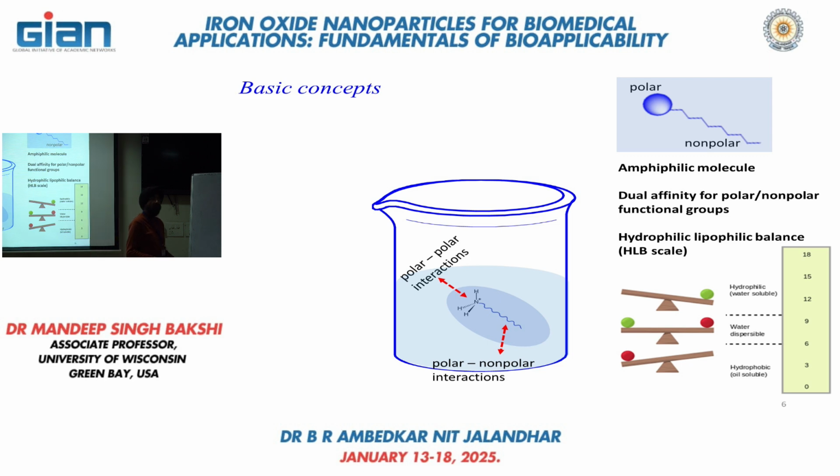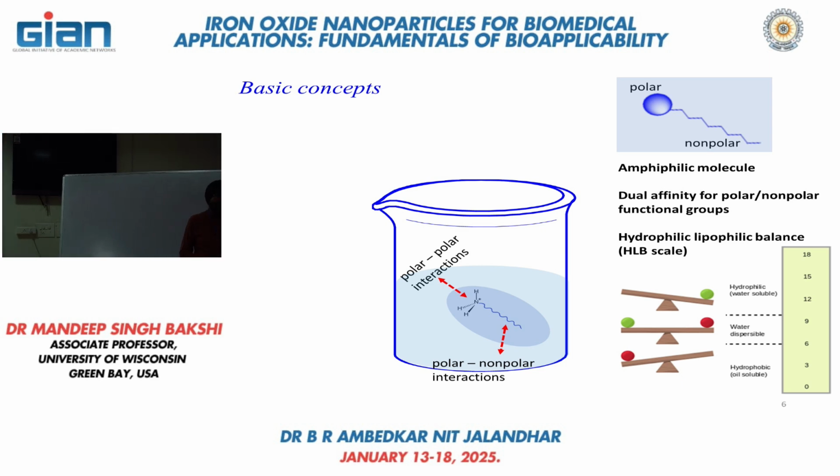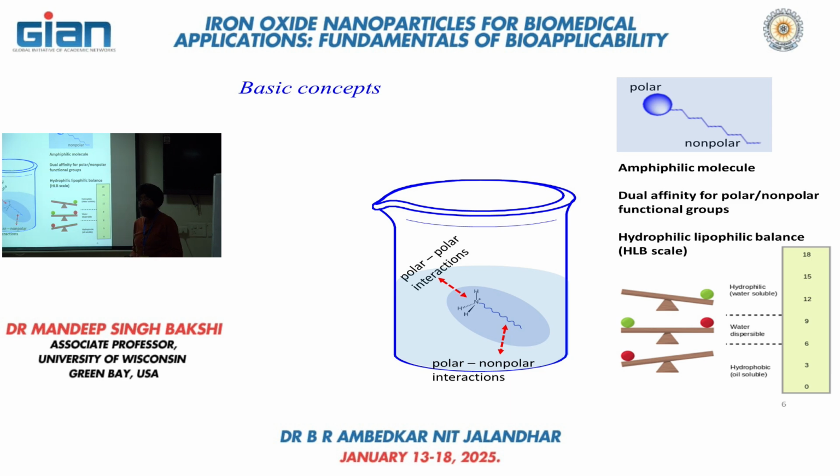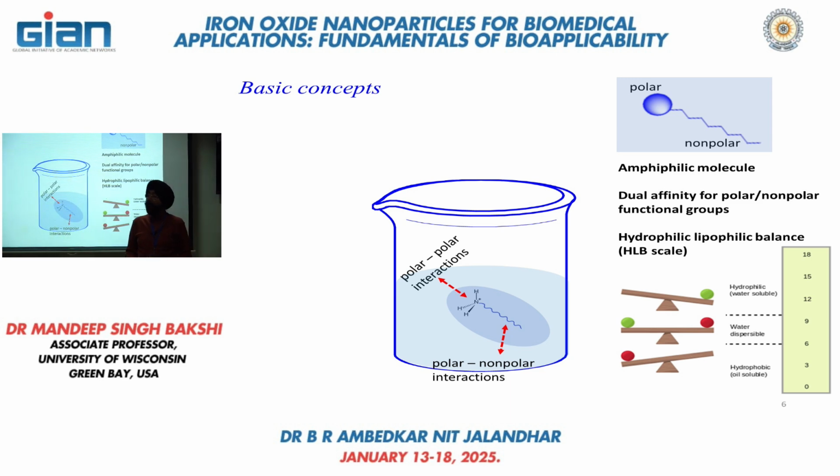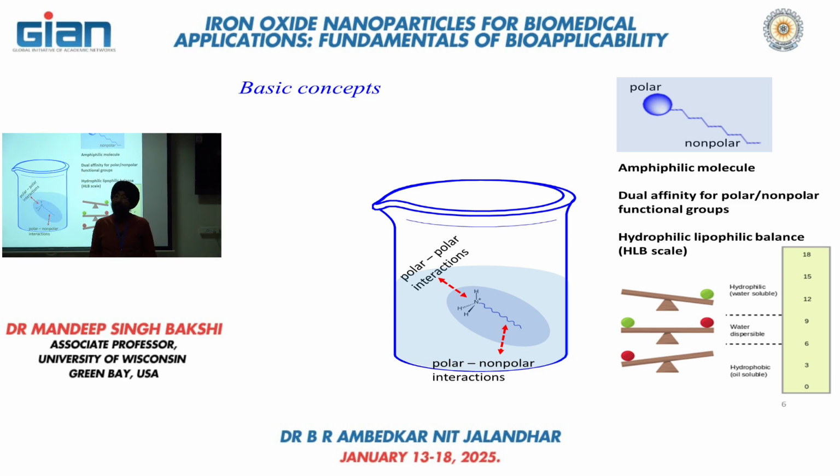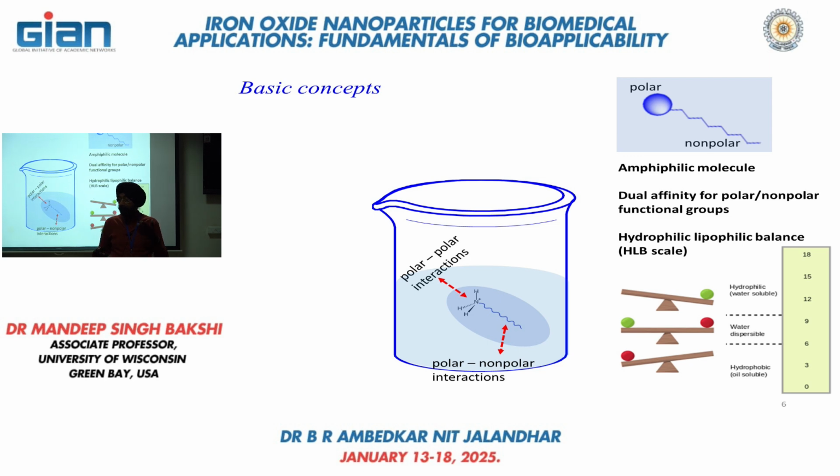So the HLB scale helps us to determine, before performing any kind of experiment, whether a molecule would be predominantly non-polar or predominantly polar, and what kind of surface activity we are expecting. This is the fundamental information regarding the amphiphilic property of a molecule.